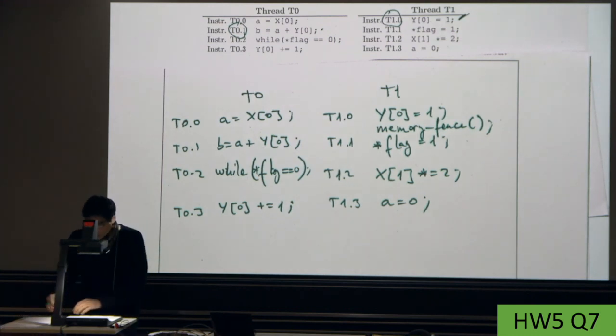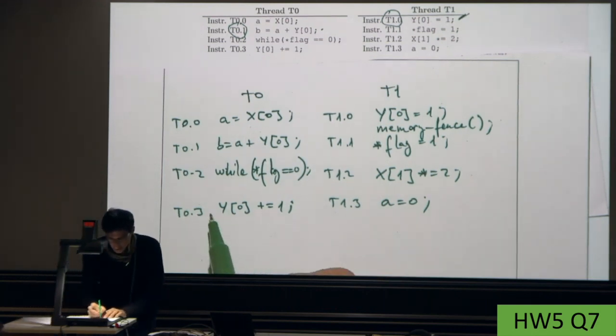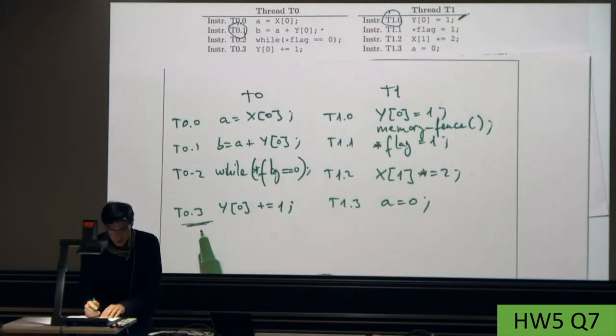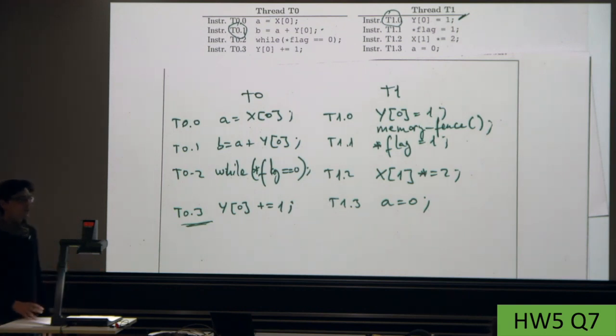And also, in order to make sure that this instruction T03 also doesn't happen before, in purity, if you look at this code and based on the restrictions and assumptions given in the question itself, this should work as is.